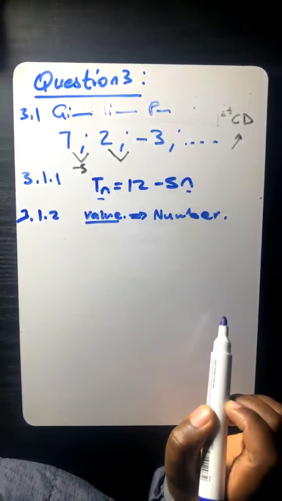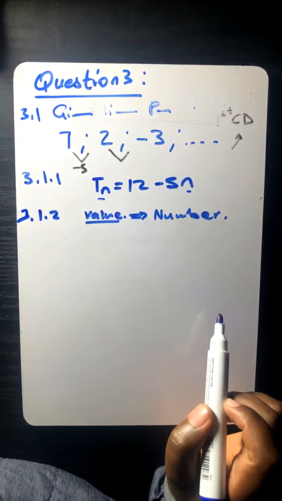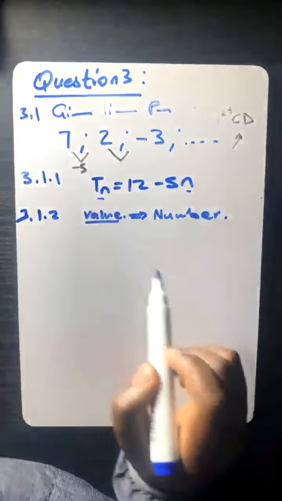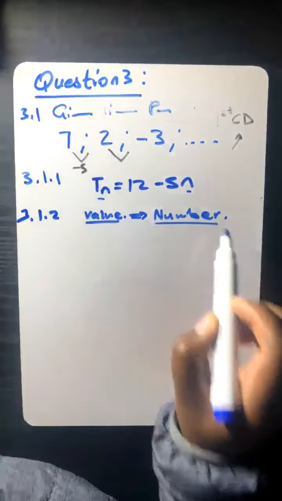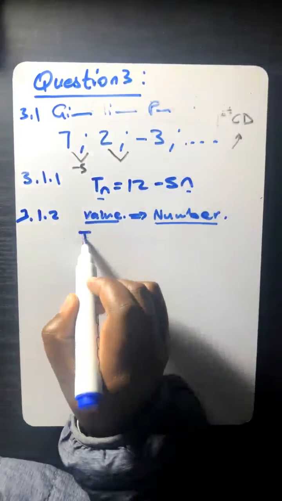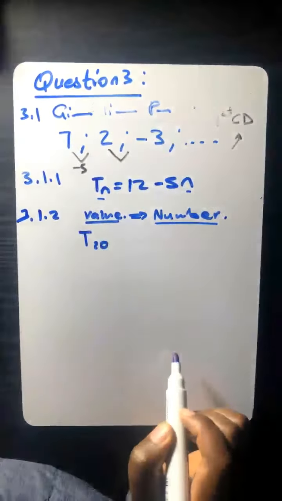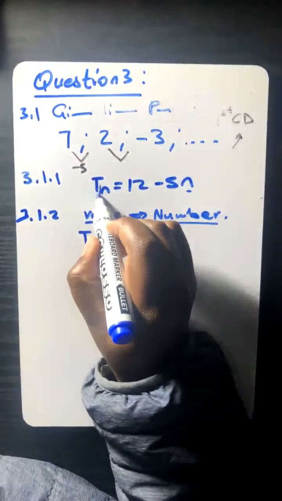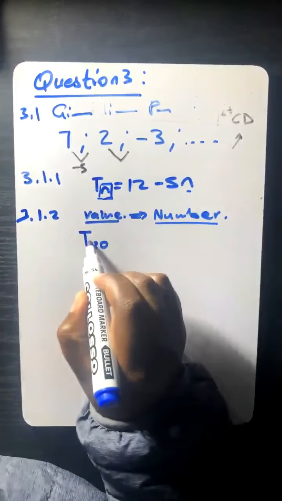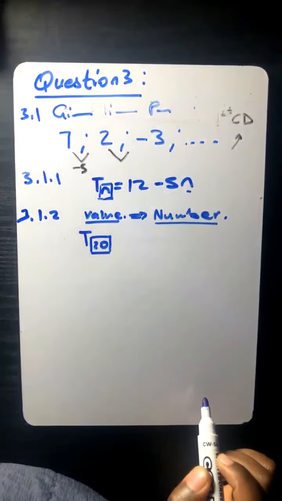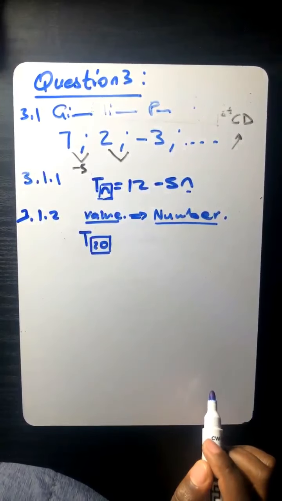So good people, every time you see the word value, the magnitude, it means your final answer should be nothing else but a number. In this case, they are saying T20. So in short, the examiner is saying wherever you see n in this formula, substitute 20. That is how you are able to interpret this type of question.